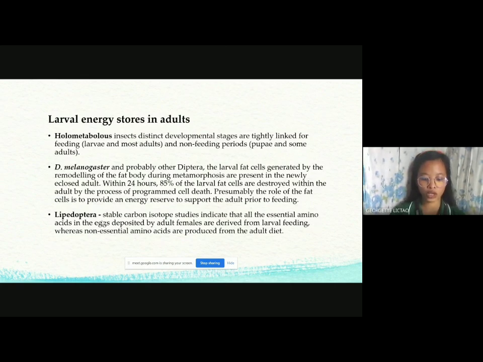The direct demonstration of a role of larval fat cells as a nutrient reserve in the adult comes from starvation experiments. They say immature adult D. melanogaster are more resistant to starvation than 3-day-old feeding adults when their emergence is 10 minutes.